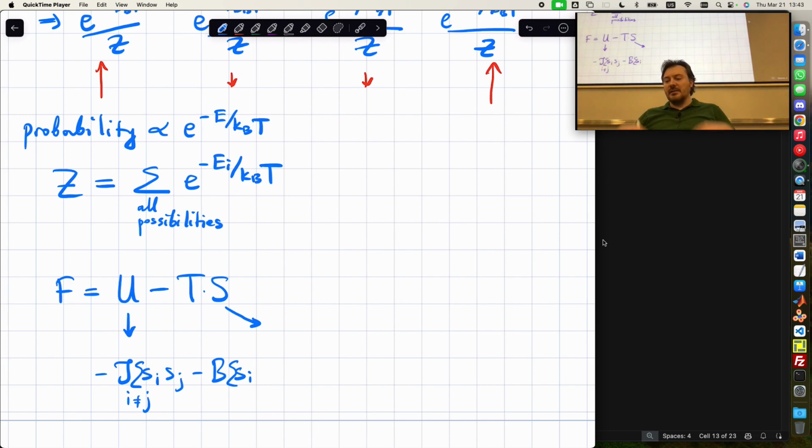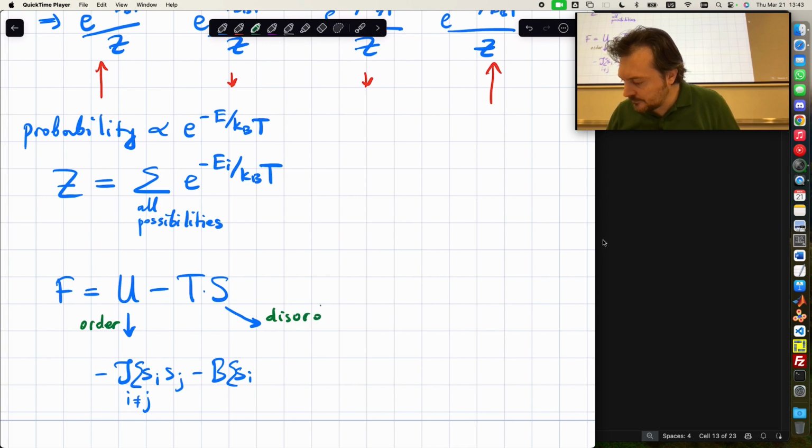As you increase the temperature, the disordered part starts winning. So this is the order part. This is the disorder part. Okay.